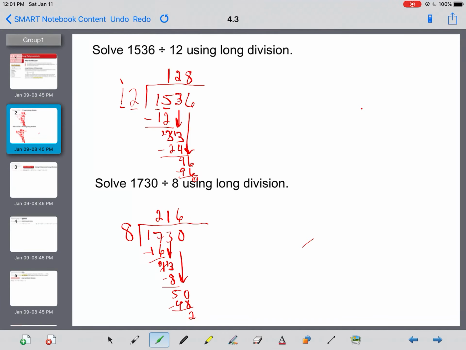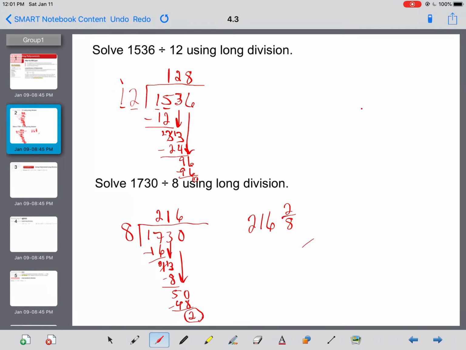But if you don't do the decimal places, then we have 2 left over. So 8 goes into 1,730 216 times with 2 eighths left over.